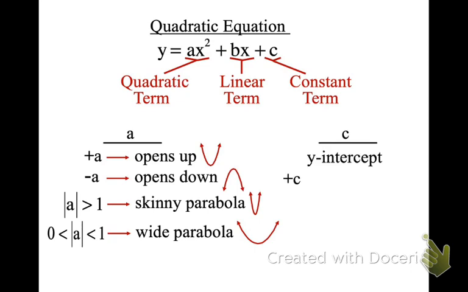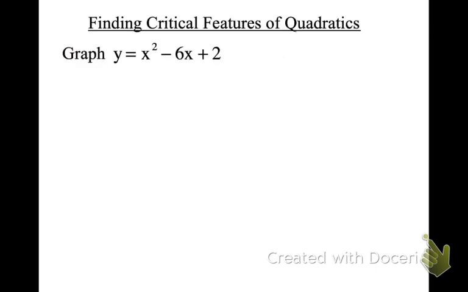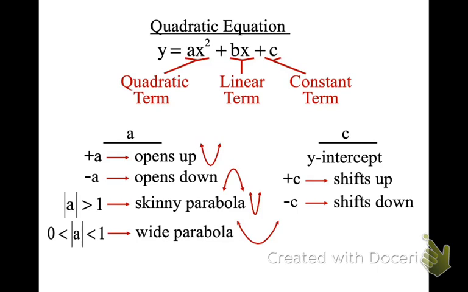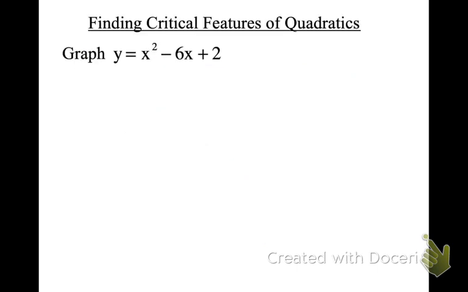And if it's positive, it shifts the parabola up, or the y-intercept up. If it's negative, it shifts it down from the origin. Pause this if you need to take more time with your notes.